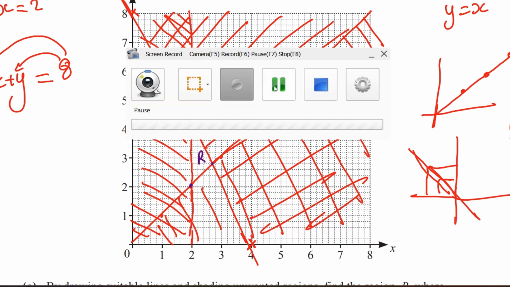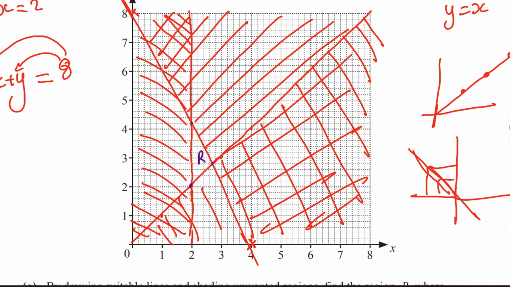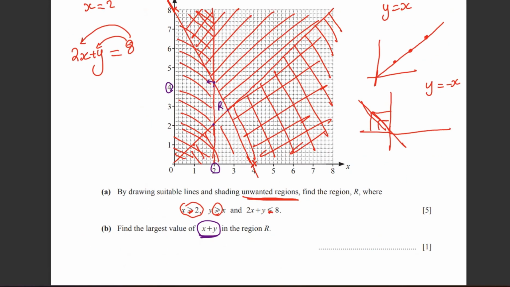Look, this is the point, this is not an integer, because look here, it is 4.2. What is the nearest integer point? This point, which is 2 and 4. So back here, x plus y: the greatest x equals 2 and the greatest y equals 4. So the greatest x plus y equals 6.